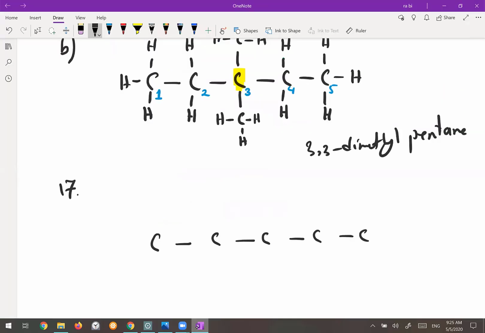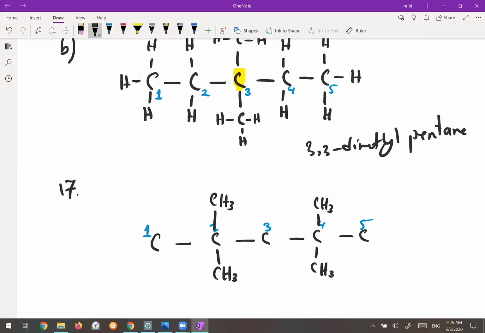So here I number my hydrocarbon. This is carbon number 1, carbon number 2, 3, 4, 5. I add 2 methyls in the second position, CH3, another methyl here, CH3, and 2 methyls in the fourth position, methyl here, methyl here.